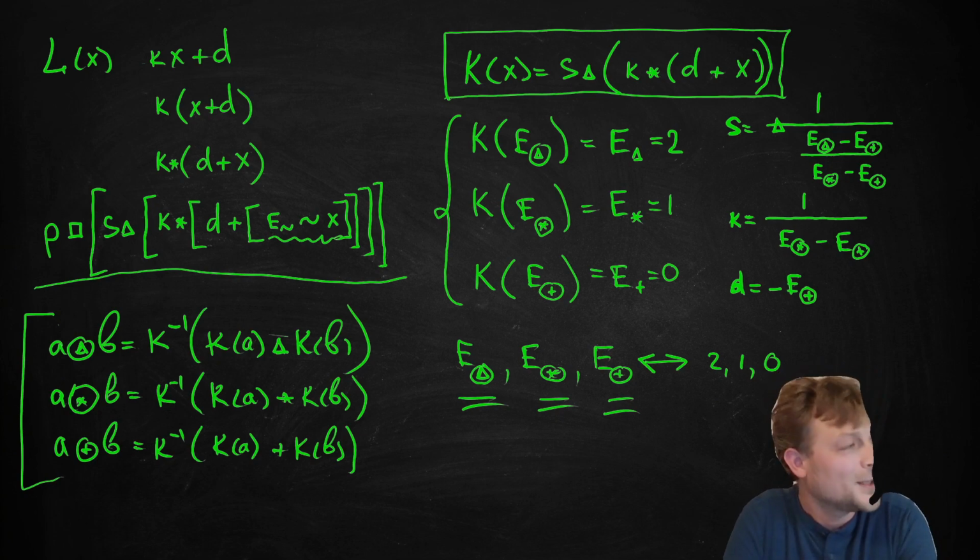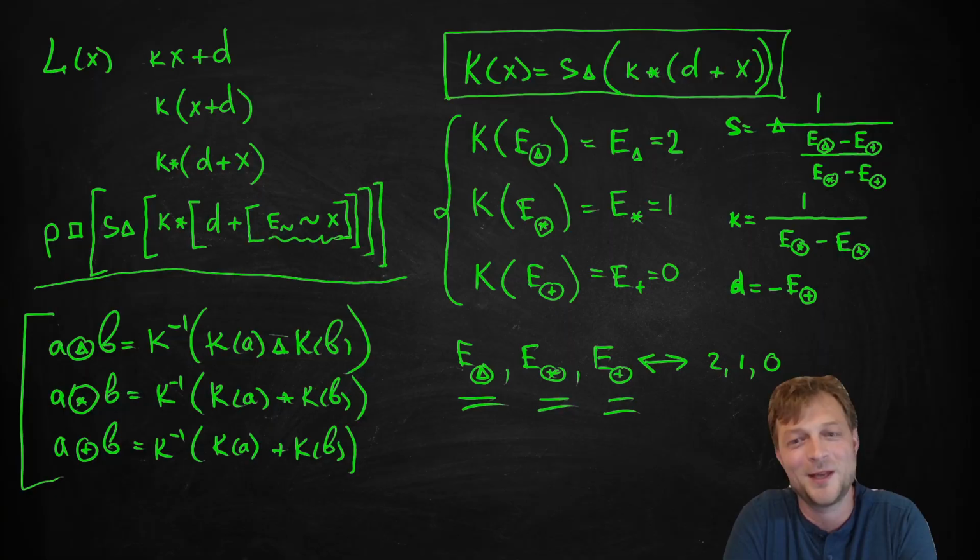Okay. So now the question is, what happens with distributive laws? For these new circled operations that we defined through K and K inverse, will we get the distributive law? And the beauty of this K function is that the distributive law will hold.